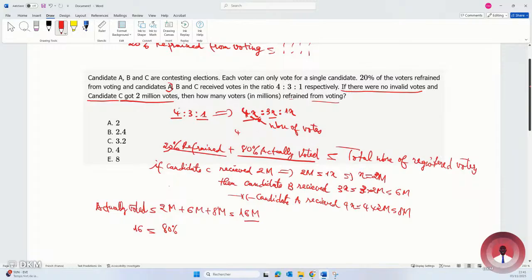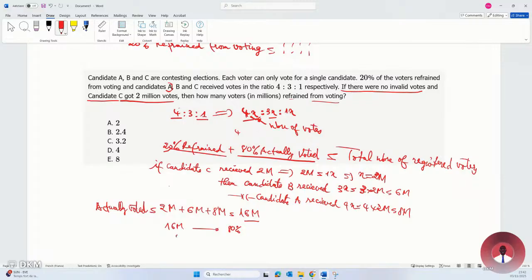We can use the rule of three to make it simple. 16 million is 80%.